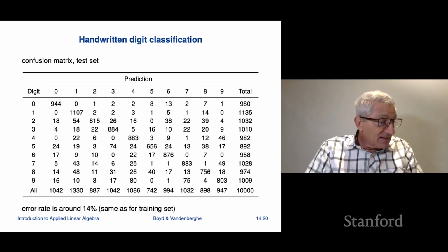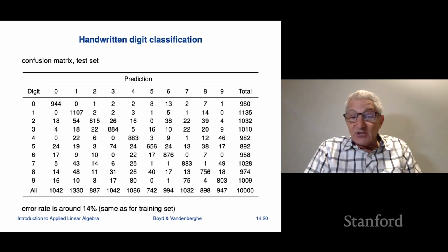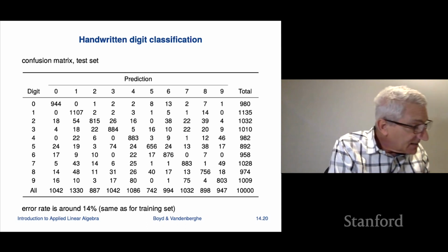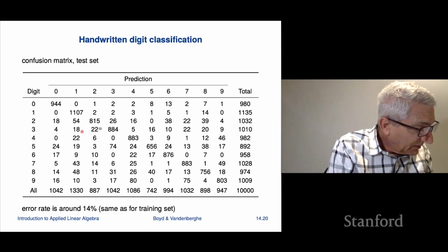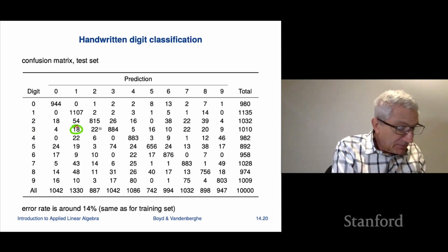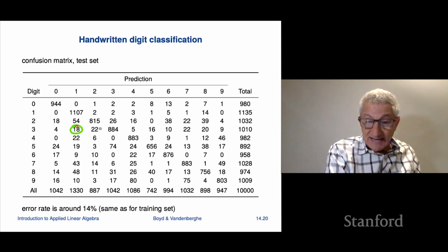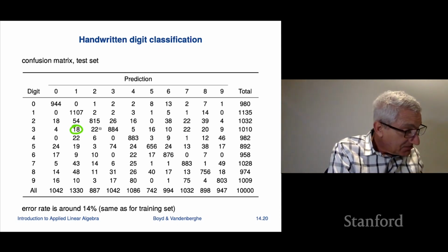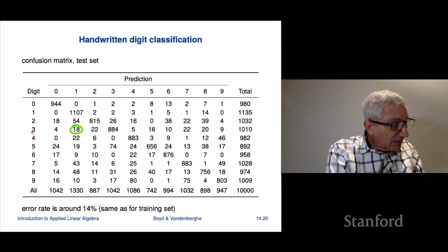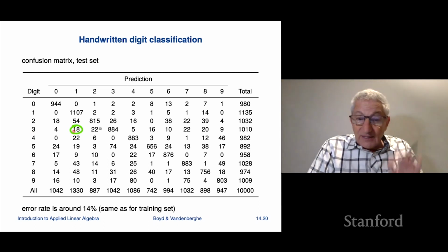So here's what happens if we run this on handwritten digit classification, right? We have 10 classes, and this is our confusion matrix, which is 10 by 10. This is the number out of 10,000 in the test set. So in our test set, there were digits that were really a 3 that we thought were a 1, and there were 18 of them.